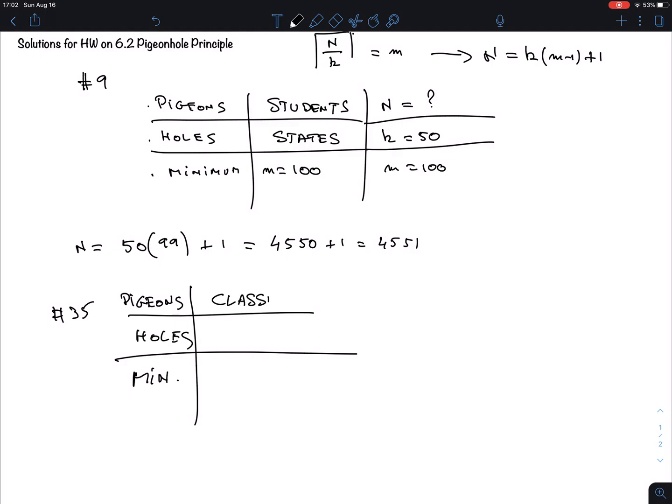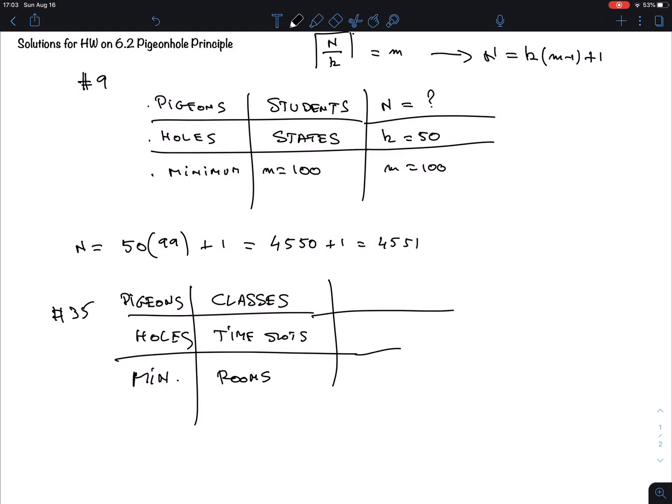We are scheduling them, and we're trying to schedule them in rooms, so the holes are the rooms. Oh, sorry, no, I read the question wrong. If there are 677 different classes, how many different rooms will be needed? So the minimum is the rooms, and that's not the holes. The holes are, of course, the time periods, the time slots.